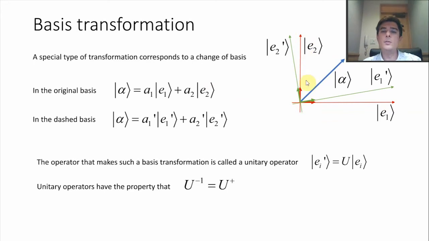If you choose these axes, like this red one here, then you would get certain coordinates like A1 and A2. A1 would be the projection of the vector on this axis, the length from the origin to this projection here, and A2 would be the projection of the vector along this axis.